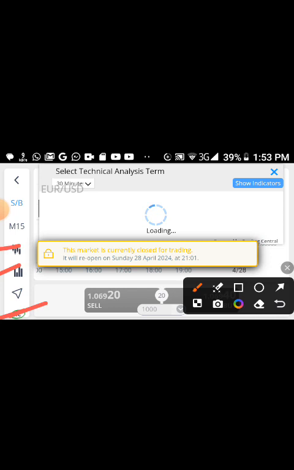This is how regularly the chart refreshes, and that's 15 minutes currently. You could change that to 30 minutes, to an hour, or to a day. But if you're trading, you need to check your chart and find out how it is moving. Sometimes you could go back to a month if you plan for a long-term investment.